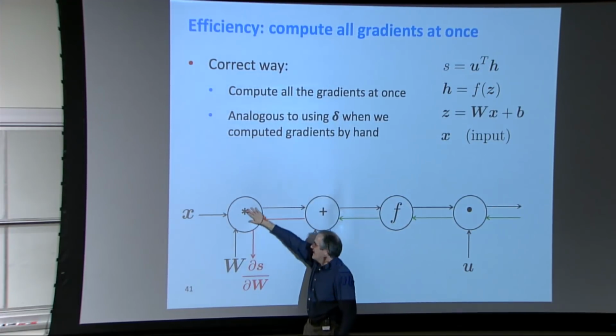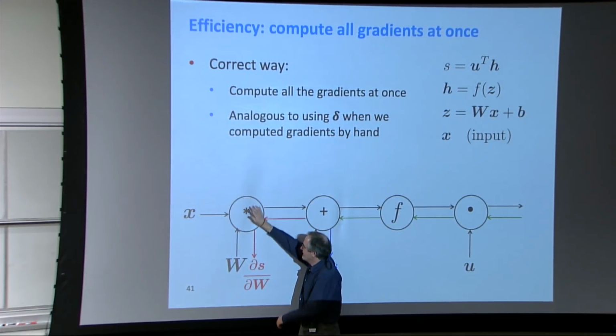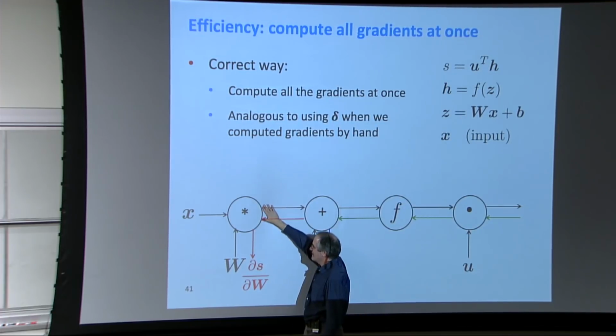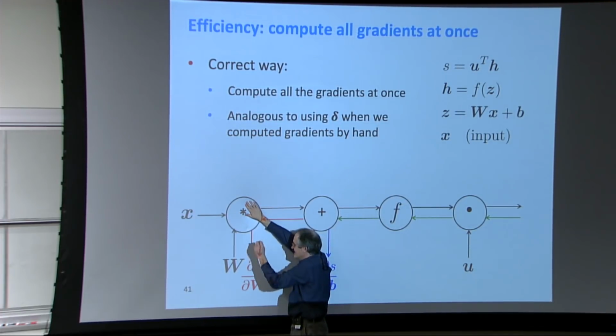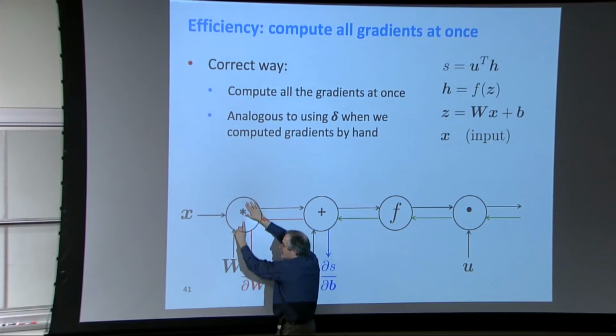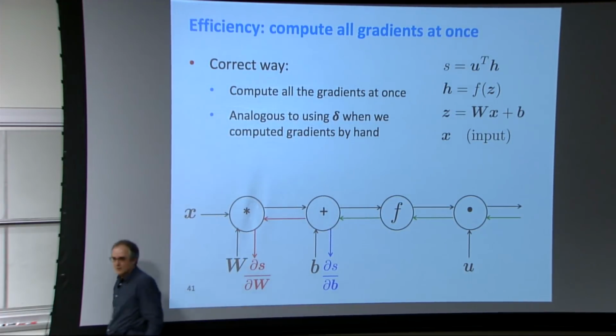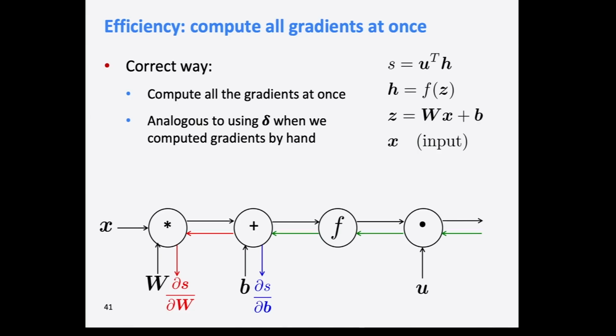And from here, knowing this upstream gradient, we can use the local gradients at this node to compute this one and that one. So we're doing this efficient computer science-like computation where we don't do any repeated work. That make sense? Okay, and that is the whole of backprop.